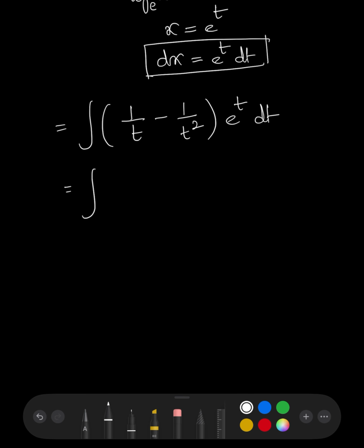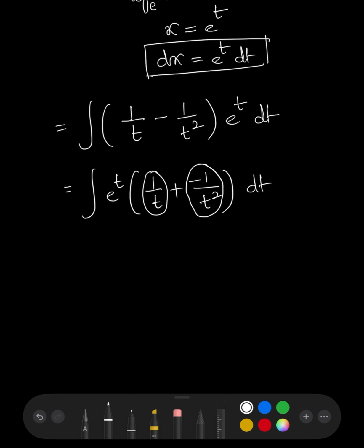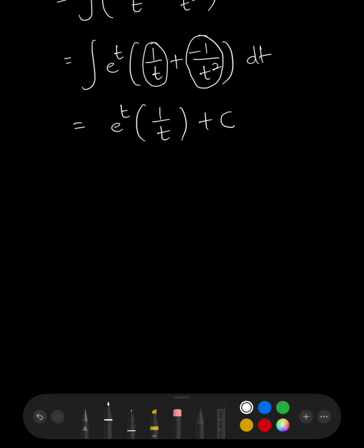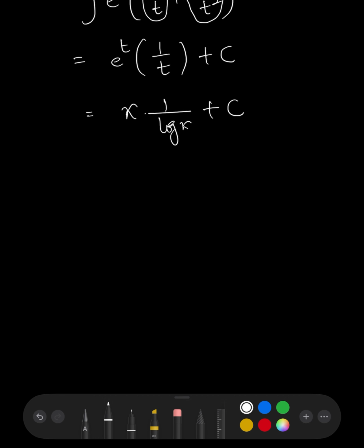Now if we rewrite this, integration of e power t into 1 by t minus 1 by t square whole dt. So this one we can take as f of t, and this is f dash of t. So it is e power t into 1 by t plus c. And e power t is nothing but x, so x into 1 by log x plus c, right?